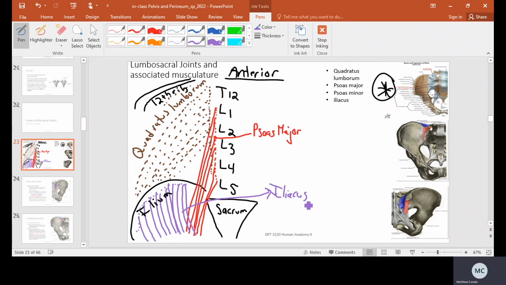Yes? Do you think that the psoas major and iliacus are more a posterior or lumbar stabilizer? There's a lot of PT really stabilized, more so. So here's what I will ask you in return. What does psoas major do?